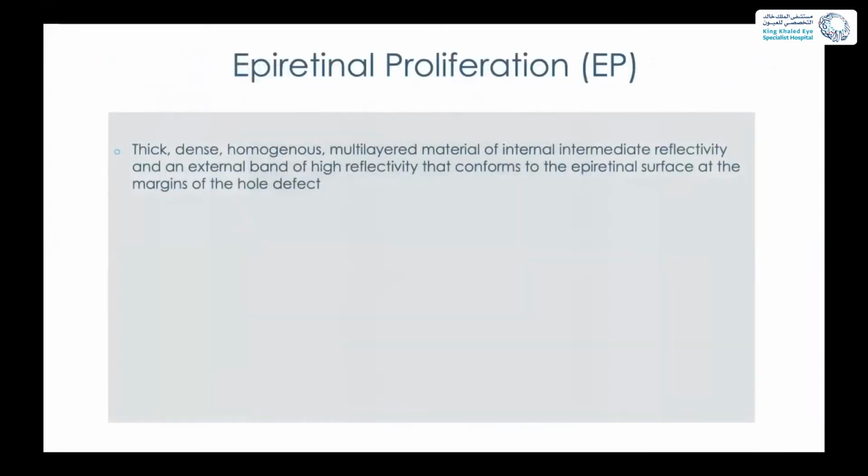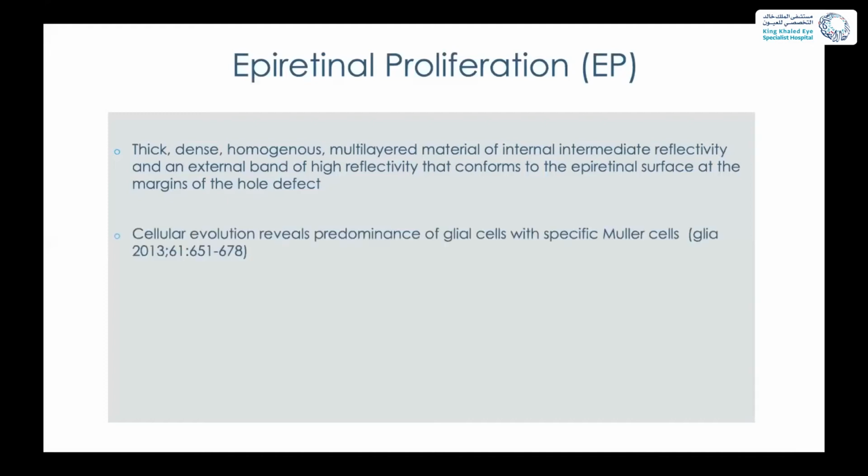Epiretinal proliferation is a thick, dense, homogeneous, multi-layered material of internal intermediate reflectivity and an external band of high reflectivity that conforms to the epiretinal surface at the margin of the hole defect. And in histology, there is a predominance of glial cells with a specific Müller cell component.